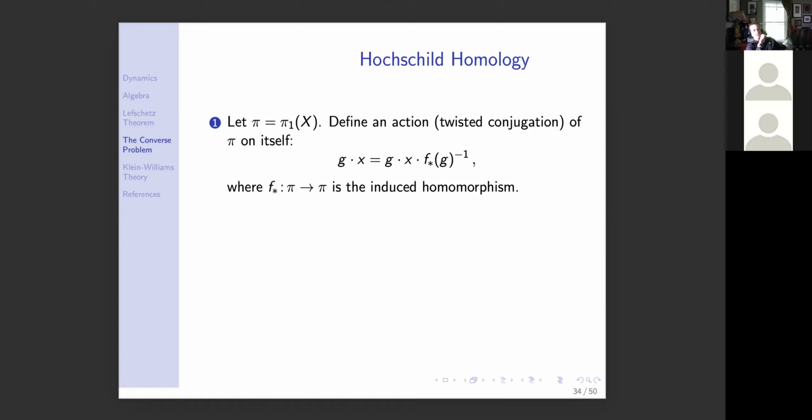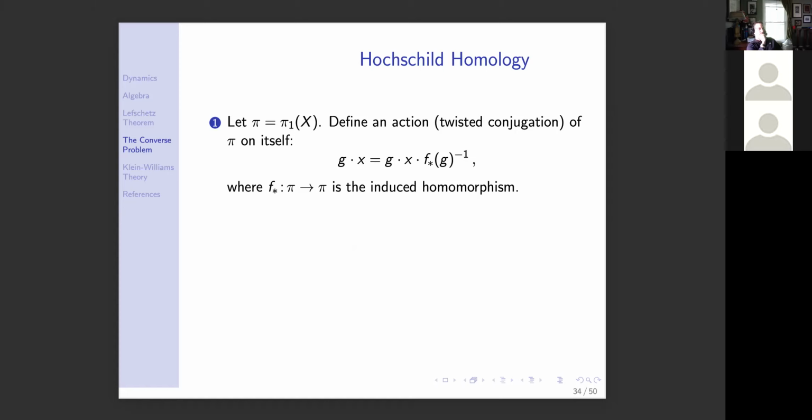This is really bad notation; I should have put an asterisk instead of a dot on the left-hand side. It is given by conjugation, not really, because we first apply f_*, the induced homomorphism of f on the fundamental group, to g, and then invert it on the right-hand side. So this is called twisted conjugation because it involves the homomorphism f.